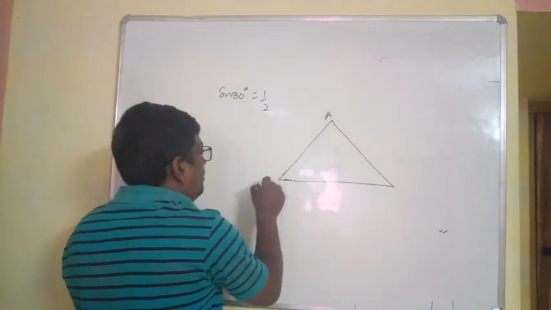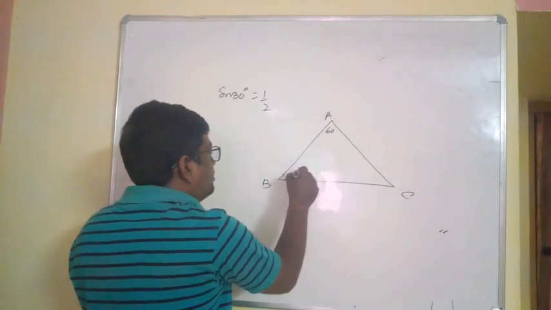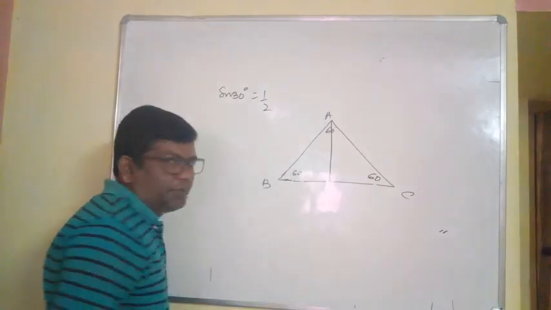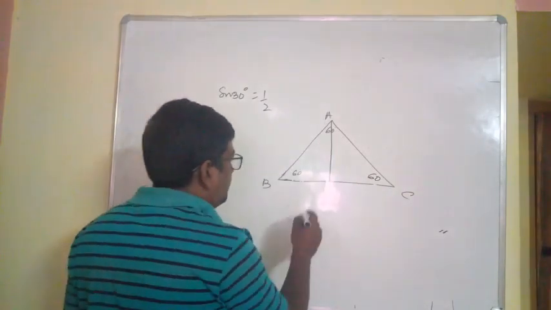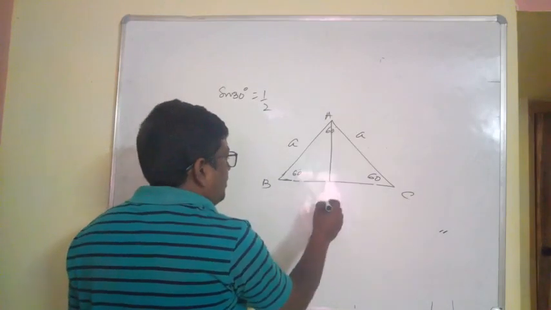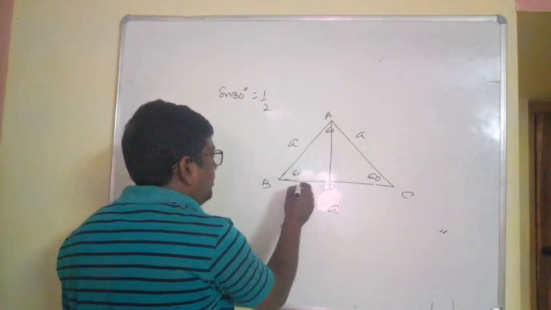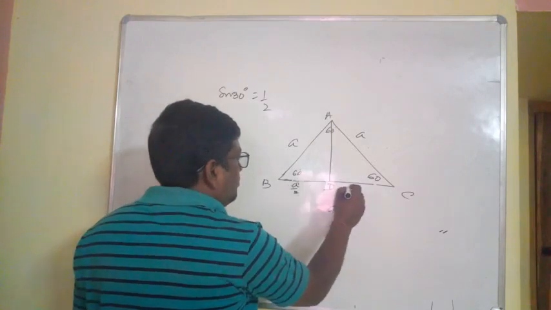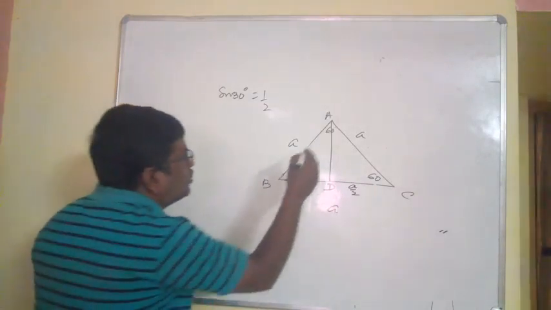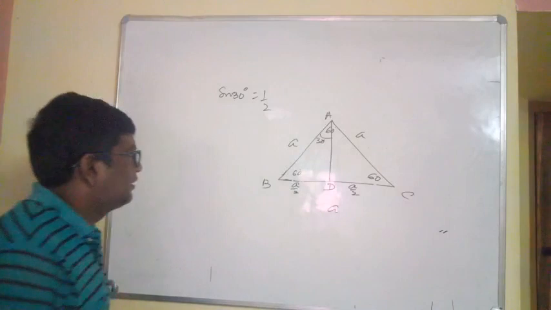Suppose this is A, B, and this is C. Each angle is 60 degree. Draw a perpendicular. Each side is equal to A, and this is D. BD is equal to A by 2, and this angle is 30 degree.